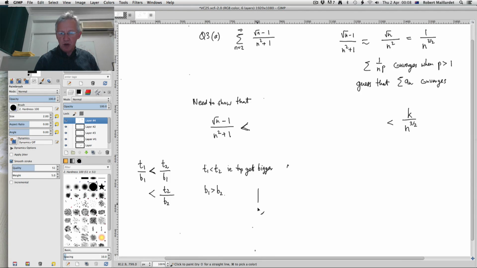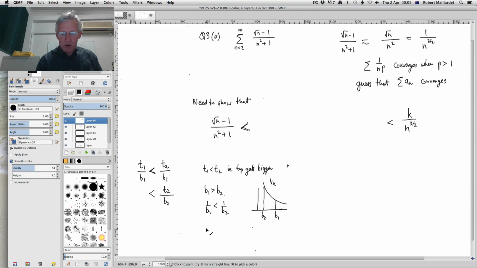Now the reason for this is quite simply that the function 1 over x, if you graph it, is a decreasing function. So if you choose a B1 which is bigger than B2, in other words you replace what's on the bottom by something that's smaller, you can see immediately that 1 over B1 is actually smaller than 1 over B2, because 1 over x is a decreasing function.